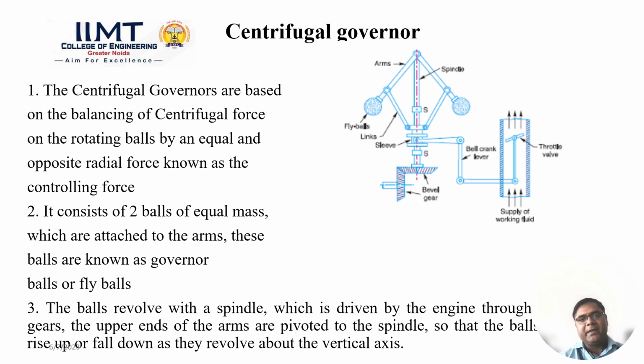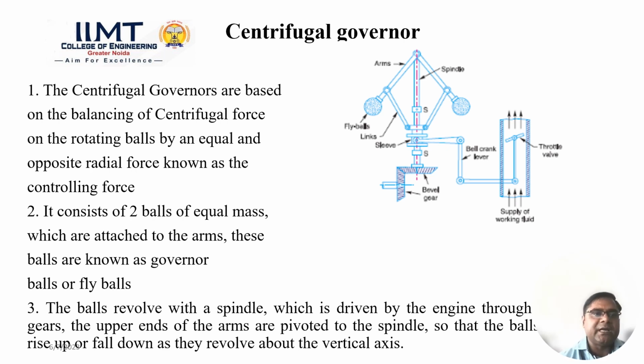So what will happen here when there is a fluctuation in load? The speed of the spindle also increases or decreases. According to the increase or decrease of the spindle speed, the centrifugal force on the fly ball also increases or decreases. So due to this change of the centrifugal force on the fly ball, the movement of the sleeve also takes place.